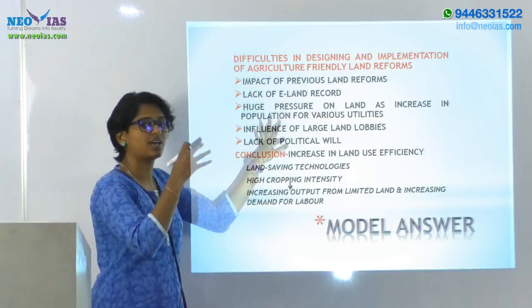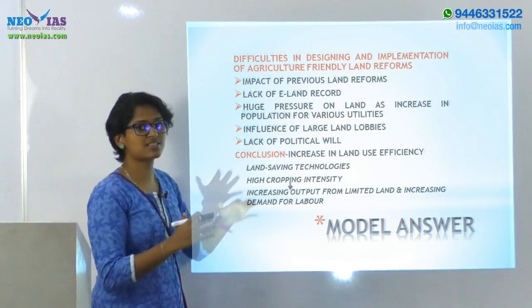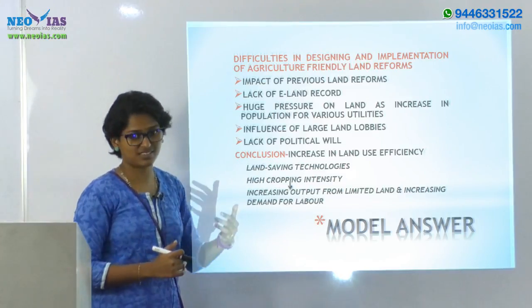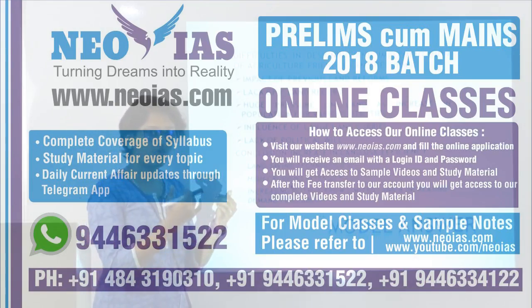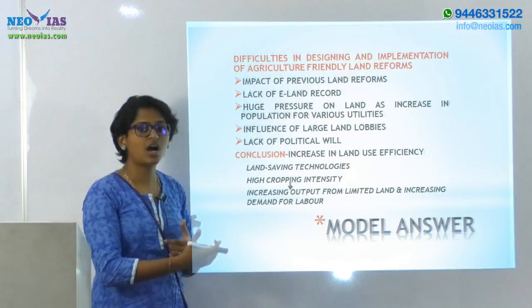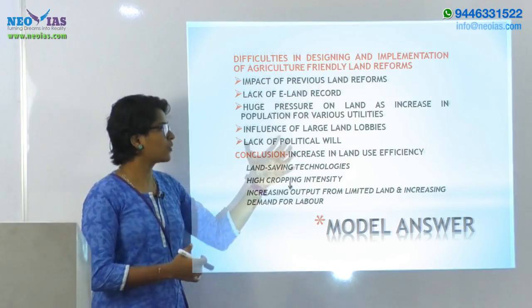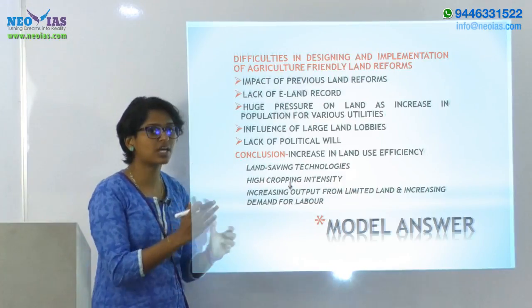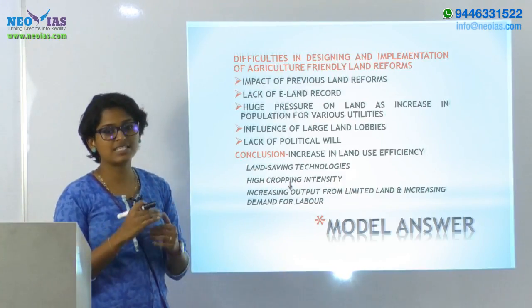But the situation is that there is so much pressure on land for various other sectors, and the lower productivity or lesser contribution to economic growth compared to other sectors also makes it difficult to come up with such a bold agriculture friendly land reform.